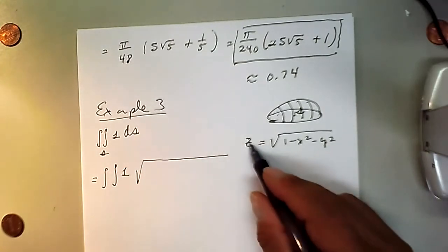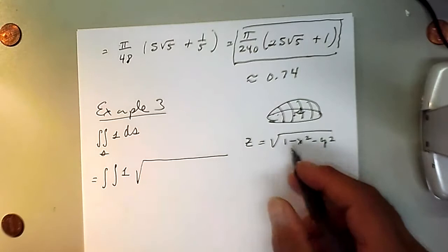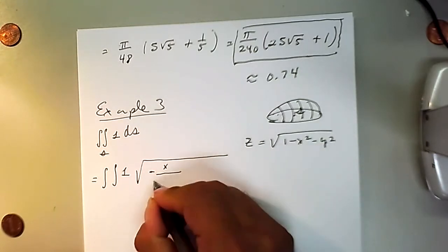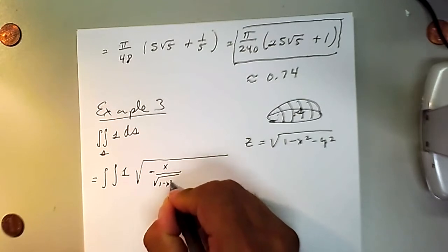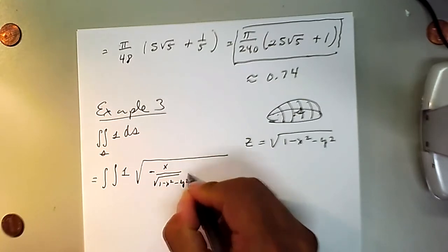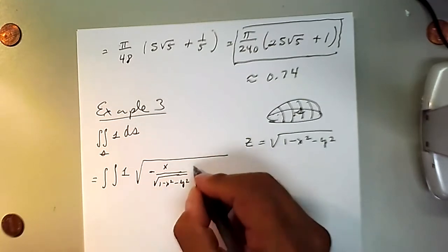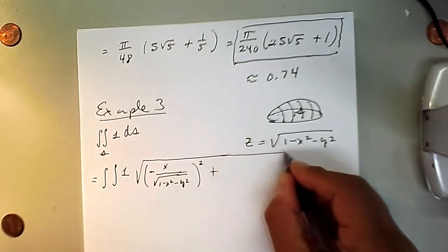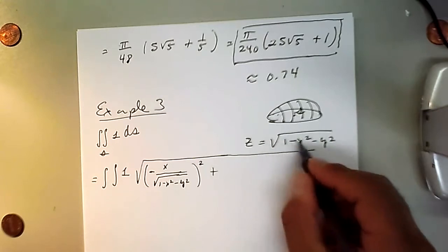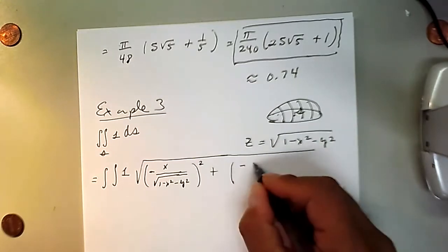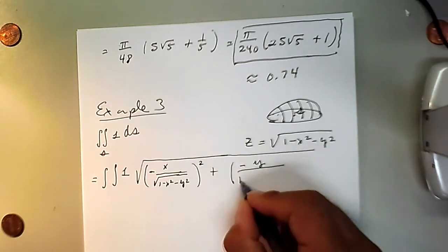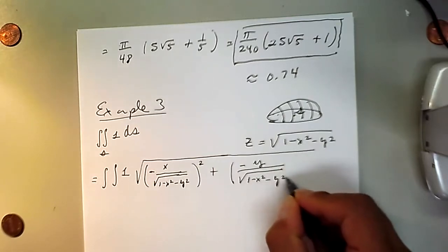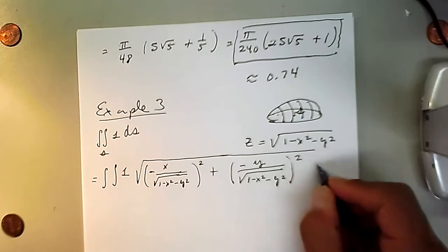So the derivative of z with respect to x is going to be negative x over square root of 1 minus x squared minus y squared. And then we're going to square that plus derivative of z with respect to y is going to be similar, negative y over square root of 1 minus x squared minus y squared, close squared, plus 1.